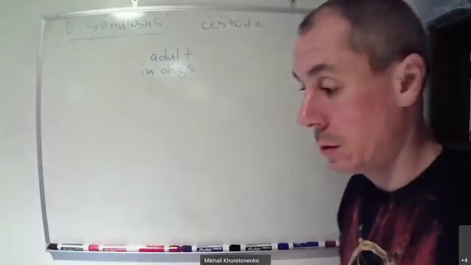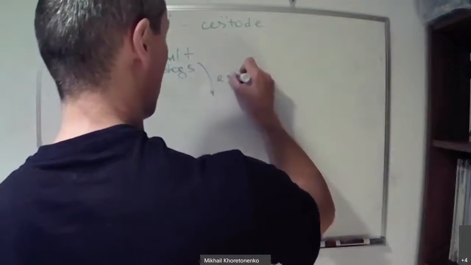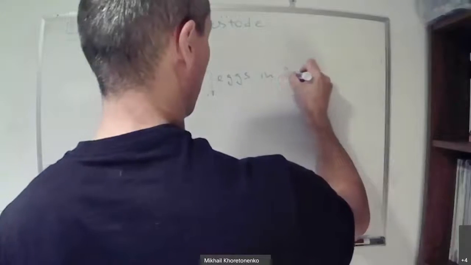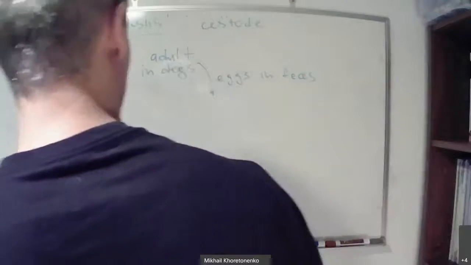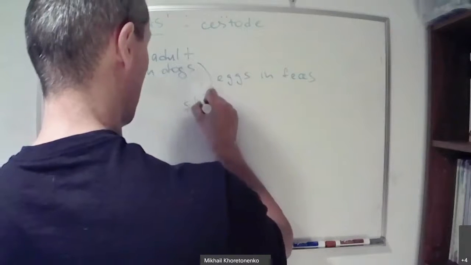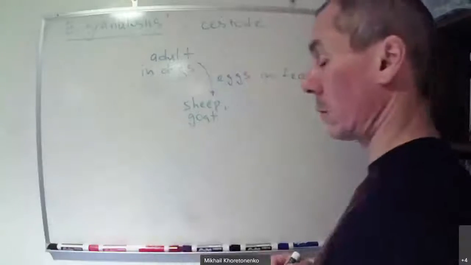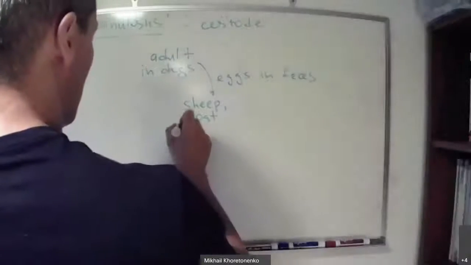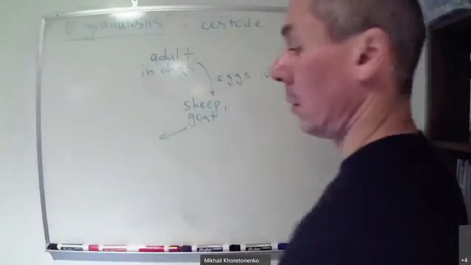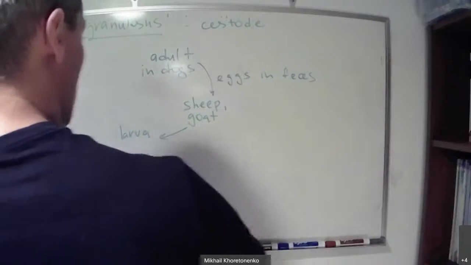Now, the adult worm sheds eggs, and eggs in feces are consumed by sheep or goat. And that's where these eggs develop into larvae.